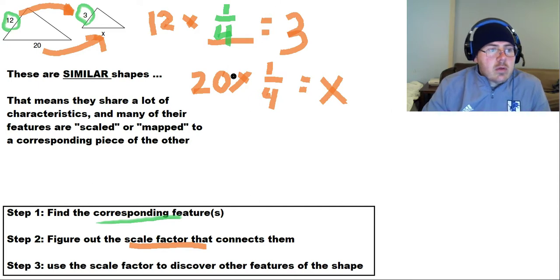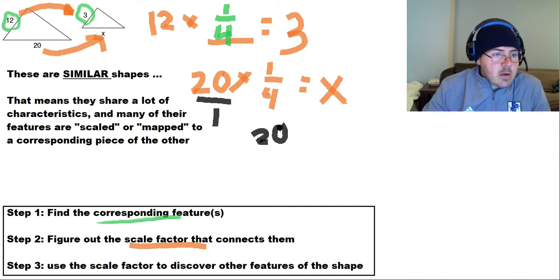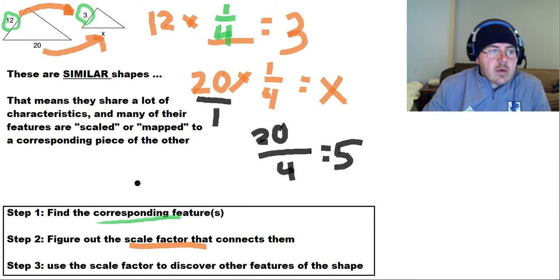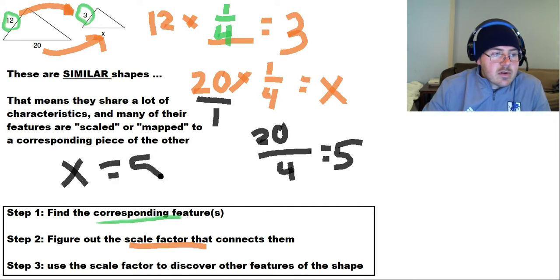Okay, well, 20 over 1 times 1 over 4 would be 20 over 4. And that's just the division problem. What's 20 divided by 4? 5. That means that x equals 5.